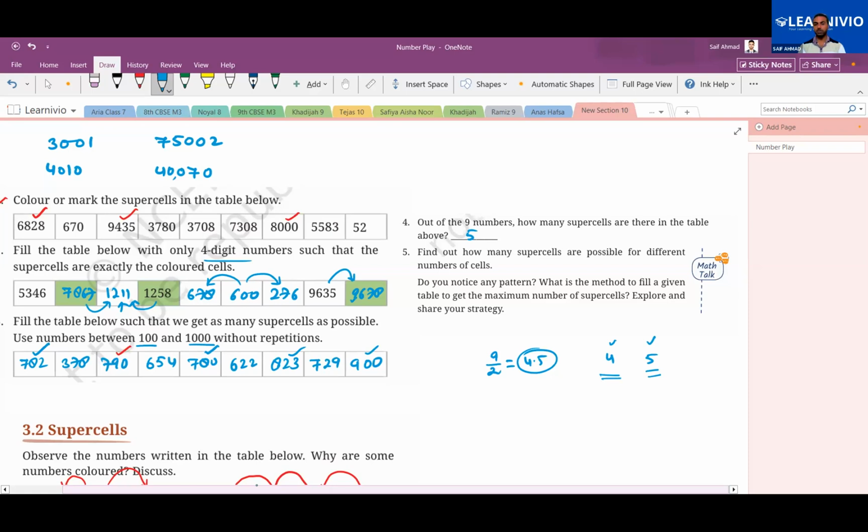Understood? Number of supercells can be equal to half of the number of cells or greater. Understood? Yes.